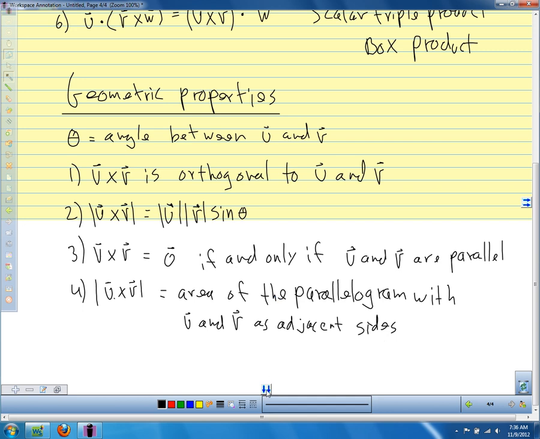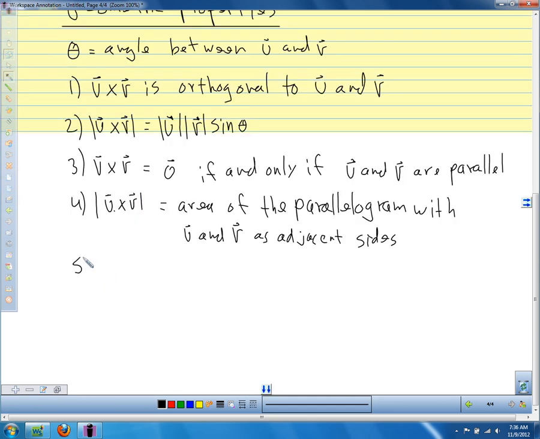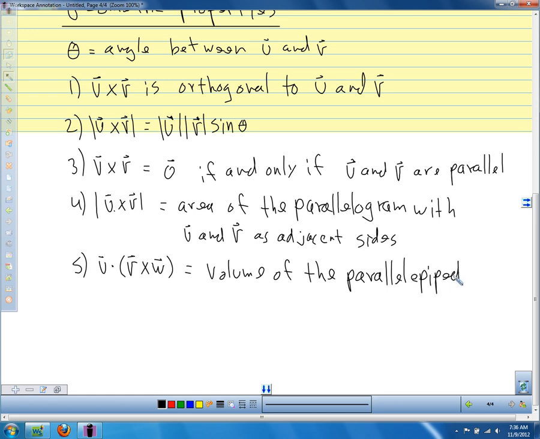And our box product, the reason we call it the box product, is that U dot V cross W is the volume of the parallelepiped, or the box, with U, V, and W as adjacent sides.